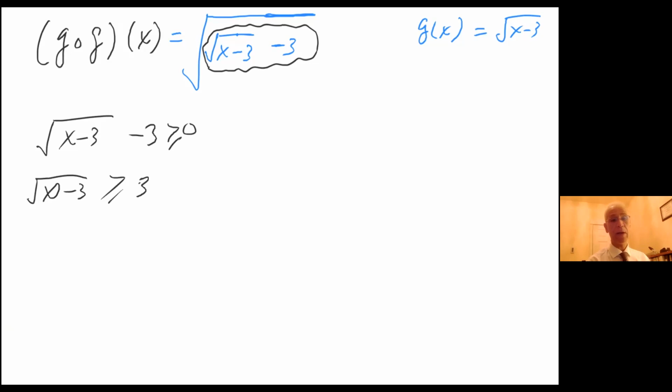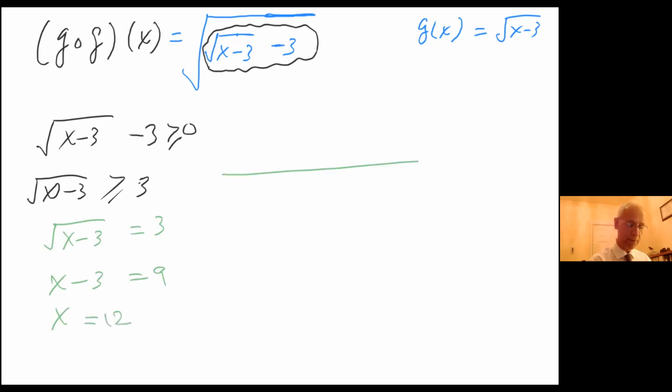To find my critical point, I'm going to use an equal sign, equal 3. If I square both sides of this equation, I get x minus 3 equals 9, and add 3 to both sides, I get x equals 12. So my critical point is at 12.